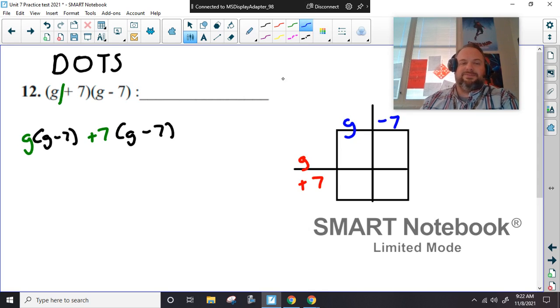And the reason why it's called the difference of two squares is that after we do this, we're only left with two terms that are perfect squares.